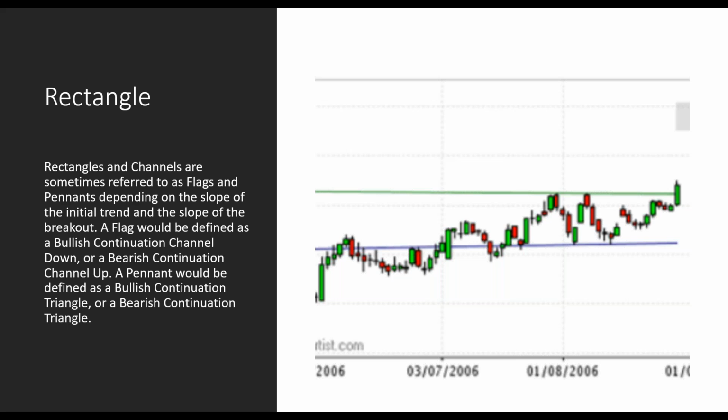Now, flags and pennants get a little bit confusing only because they are basically either a channel or a triangle, but they have characteristics. So a flag would be defined as a bullish continuation channel down. Well, you know what? That's a whole bunch of hogwash, because I just lump them in with triangles.